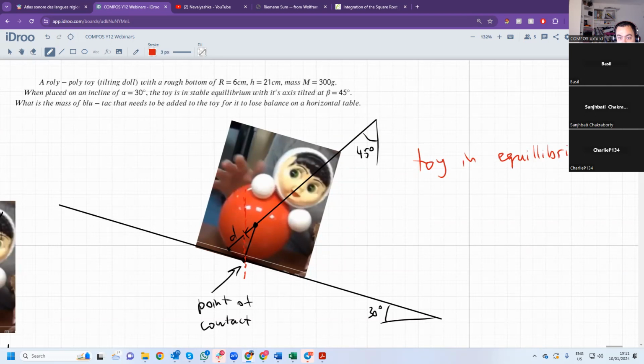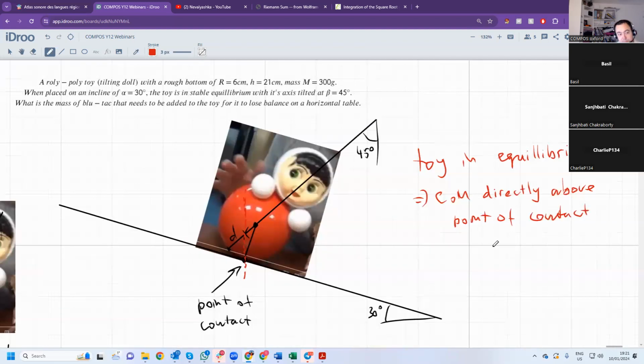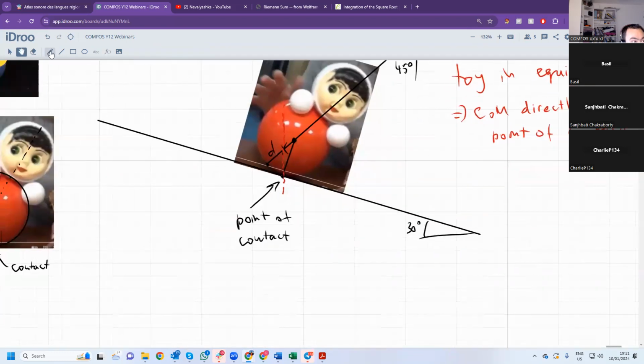Equilibrium means the center of mass is directly above the point of contact. And now we use geometry to figure out d. So d is the distance from the center.